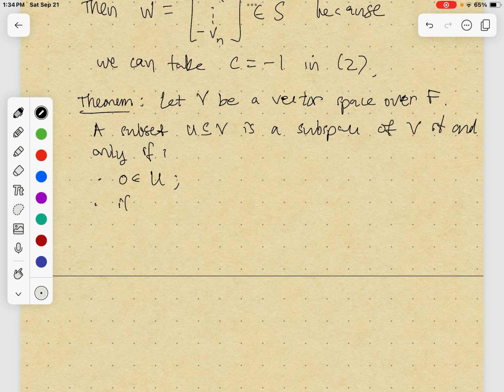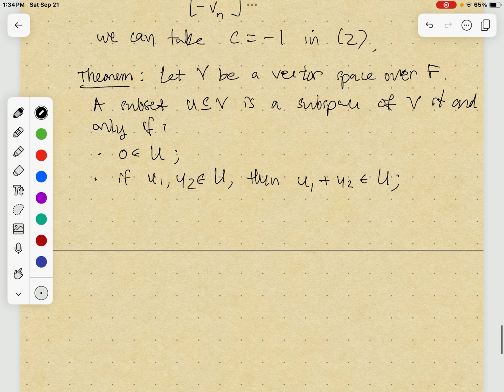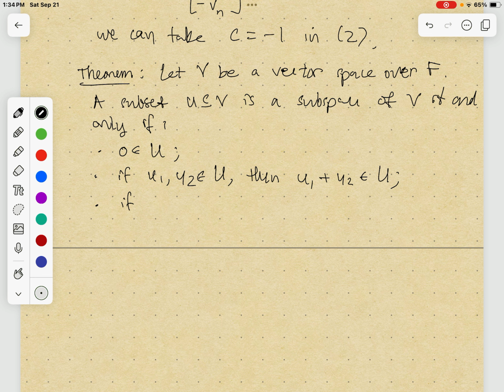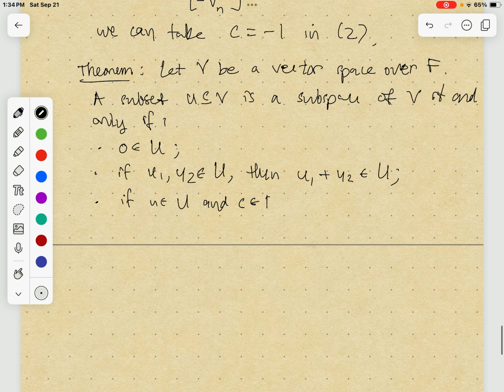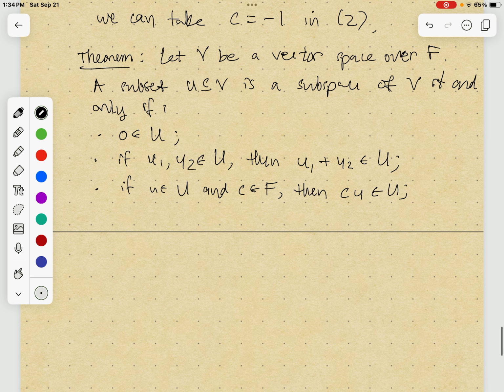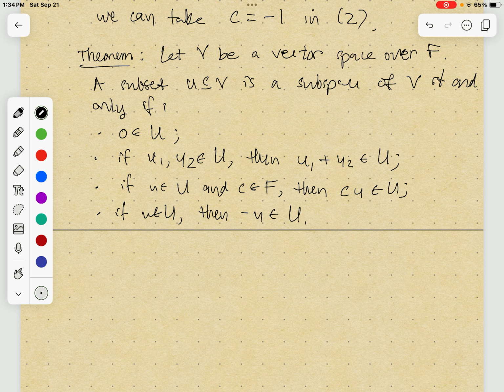And the second one is whenever u1 and u2 are in U, then the sum u1 plus u2 is in U. We also need closure under scalar multiplication. So if u is in U and c is in F, then cu is in U. And then the last one is if u is in U, then negative u is also in U.